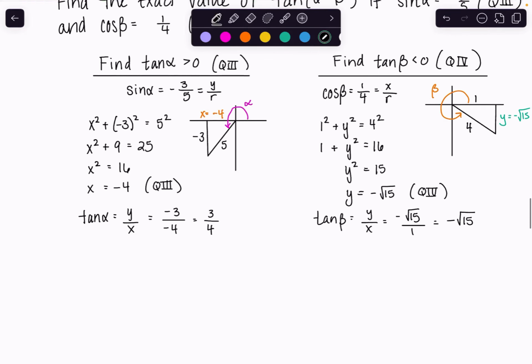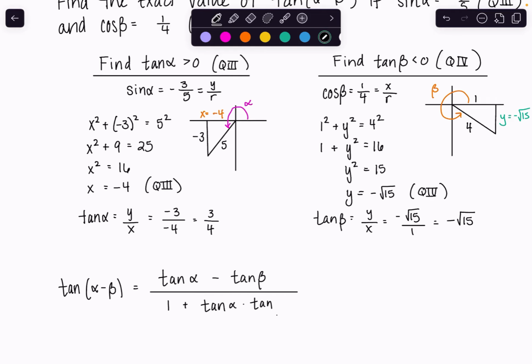So now I am set to figure out what tangent of alpha minus beta is. So utilizing my formula, you get tangent of alpha minus tangent of beta. So the same sign, and then the opposite sign. 1 plus tangent of alpha times tangent of beta.